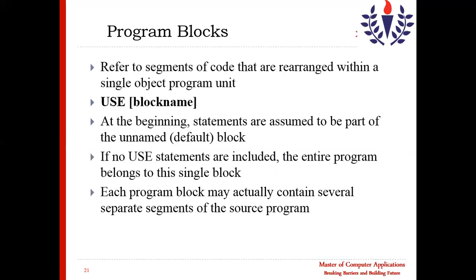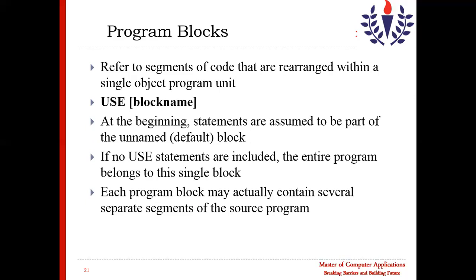So program blocks allow the generated machine instructions and data to appear in the object program in a different order. Means if I make my whole program into small program blocks, that will allow the generated machine instructions and data to appear in the object program in different order by separating.